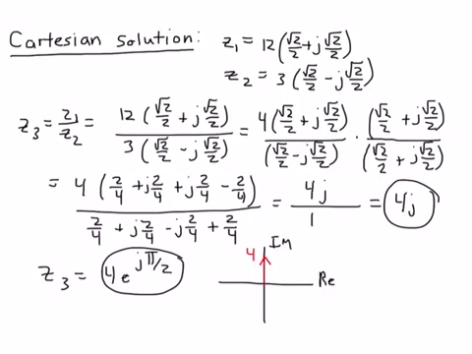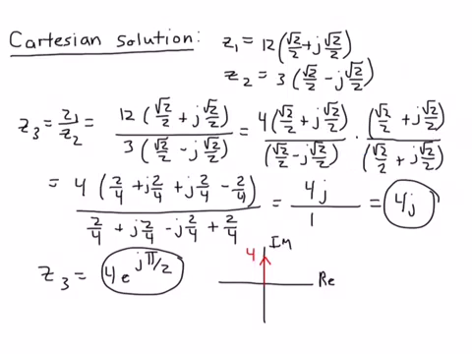Okay, so if we look back at these two answers, you can decide which one's easier. Probably, for this example, the polar solution appeared to be easier, but it may not always be easier, and it may be difficult sometimes to convert Z1 or Z2 to polar form. In that case, you want to be able to go through this Cartesian solution, which is pretty straightforward.